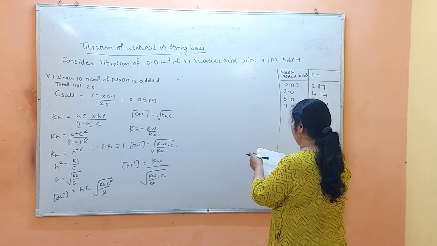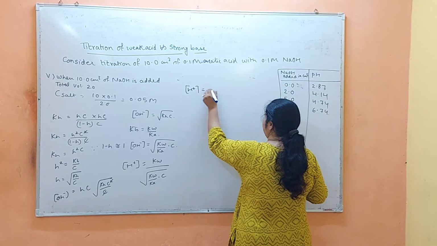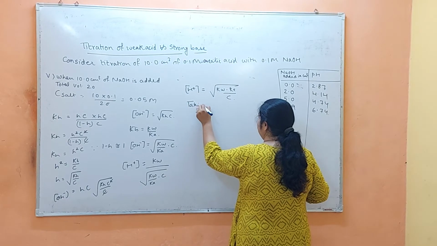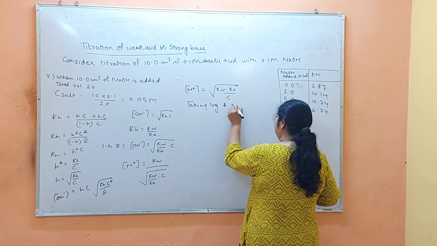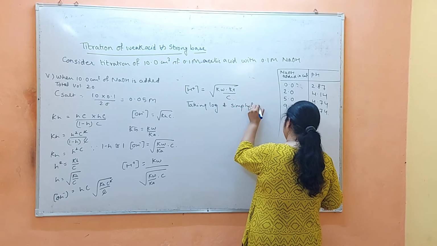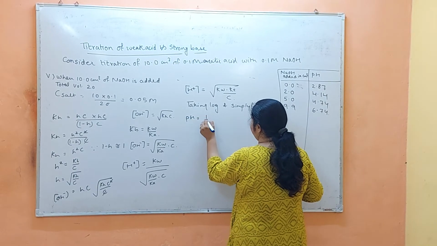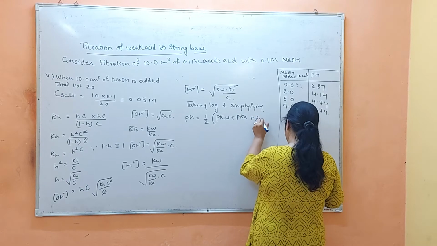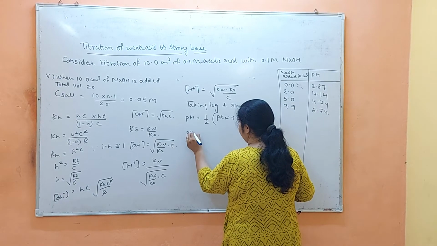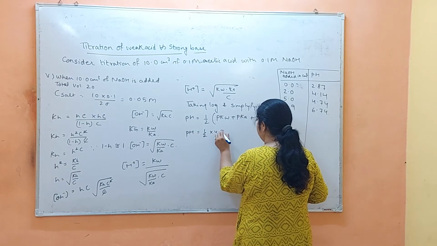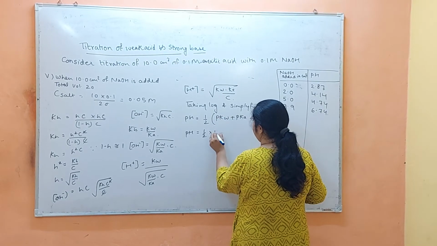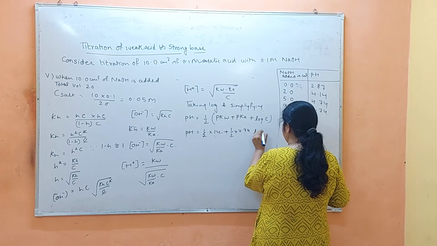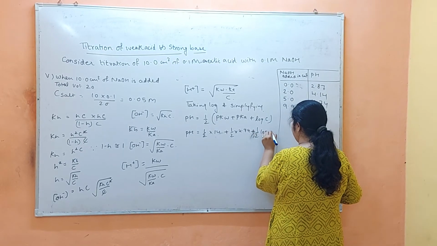So now H+ will be equal to under root of Kw into Ka upon C. Now taking log and simplifying, pH will be equal to half, because of under root, pKw plus pKa plus log C. So pKa, we know that it is 4.74, so half into 14 because pKw is 14, then half into 4.74, then plus half into log of 0.05.